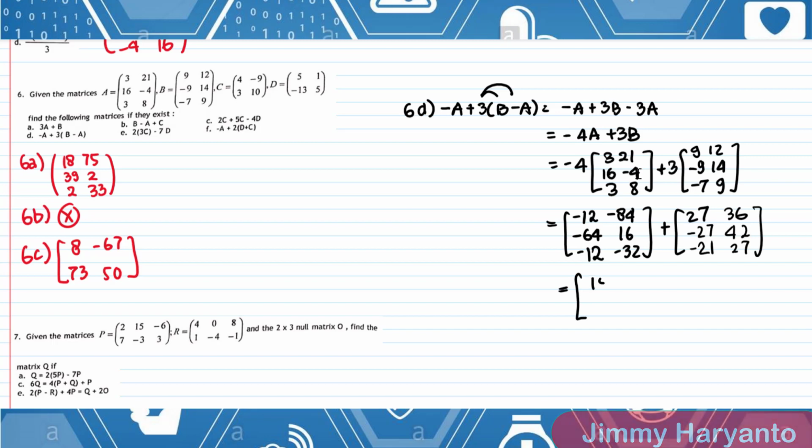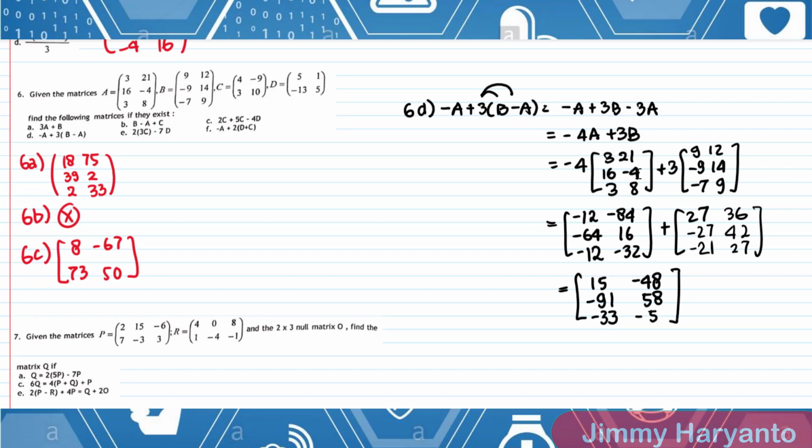You will get 15, and then for this one is negative 48, 84. Okay, so for this one is negative 91, and that one is 58. After that negative 33, and the last one is negative 5.